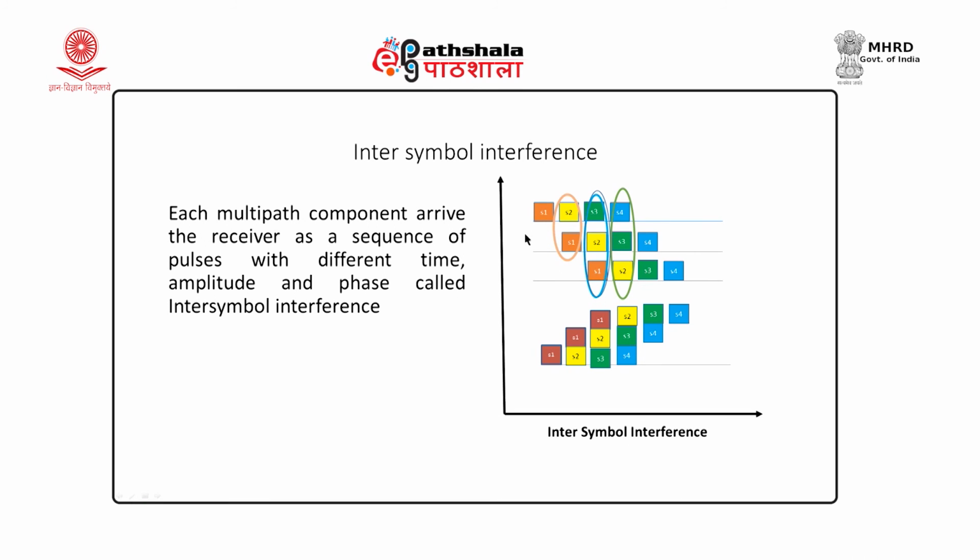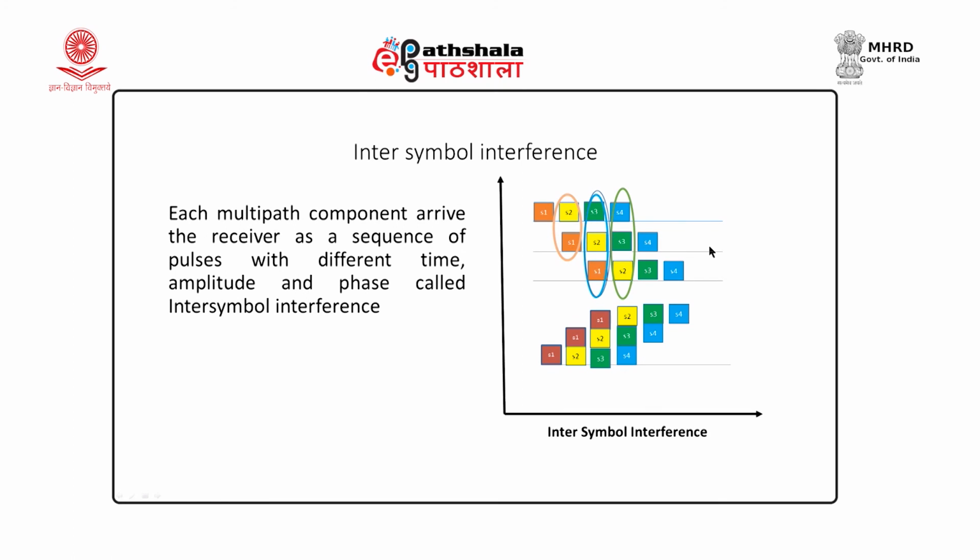Now, this is the delay. This is the second path. On the third path, the delay is even more. So, when the third symbol of the first path or the second symbol on the second path has been sent, the first symbol on the third path is being sent. You can see that this is happening due to delay. The delay along the first path is almost 0.